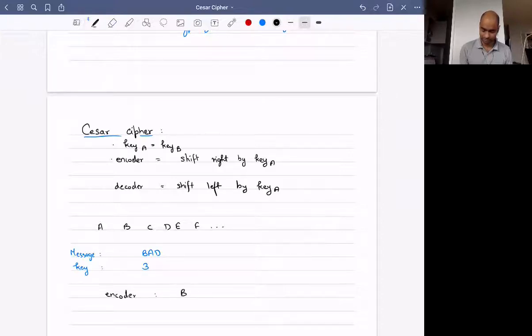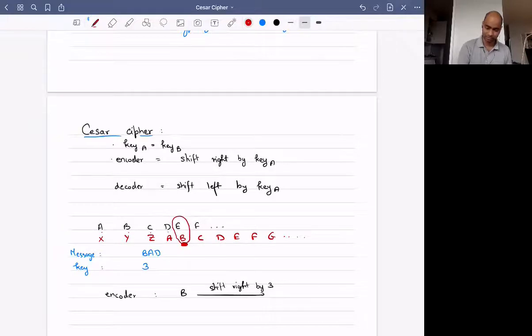Okay, so then what the encoder is going to do is it's going to take B and shift right by 3. What do I mean by that? Let's write the letters A, B, C below itself, but then shifted by 3. So A shifted 1 goes here, shifted 1 more goes here, shifted 1 more goes here. So that's where A will start, B, C, D, E, F, G, and so on. And then they'll come back and I'll get X, Y, and Z. Oh, sorry, I want to shift B by 3, right? So that's here.